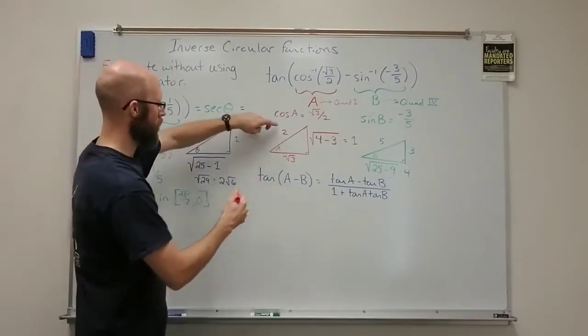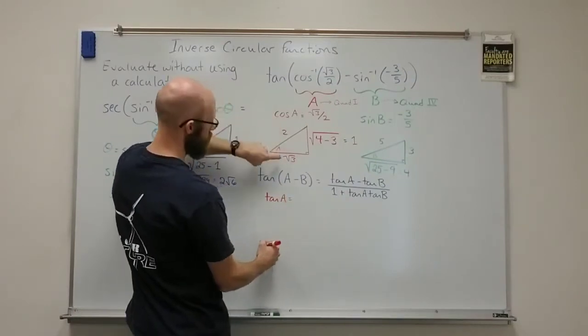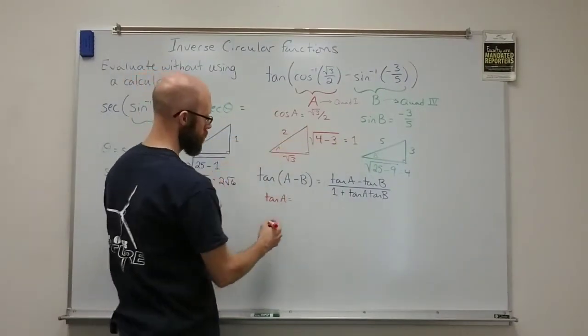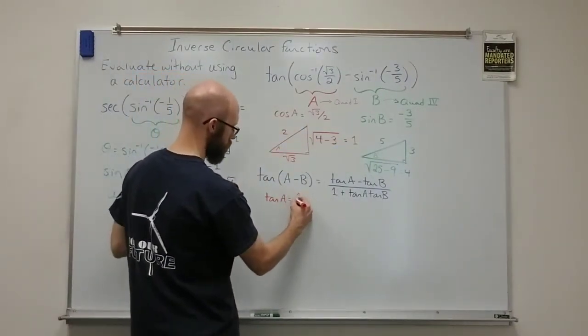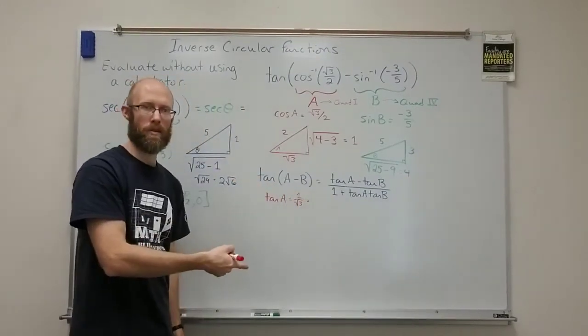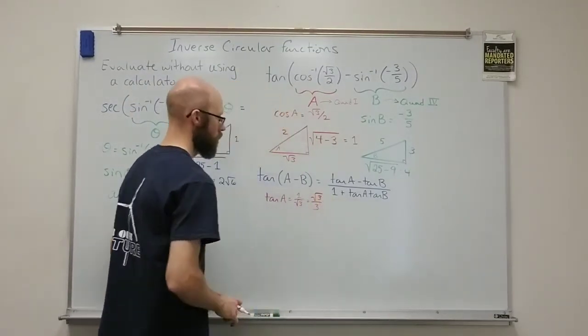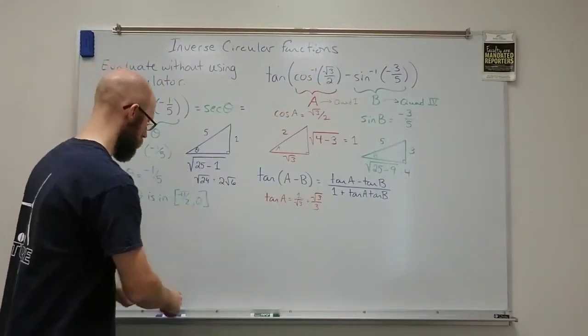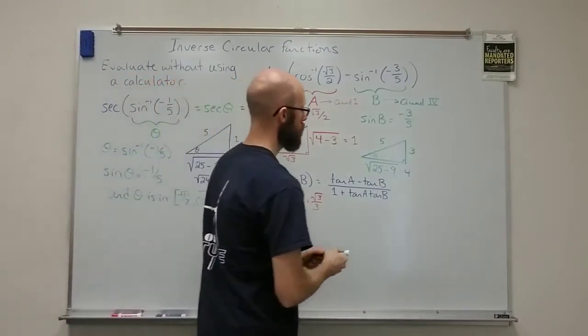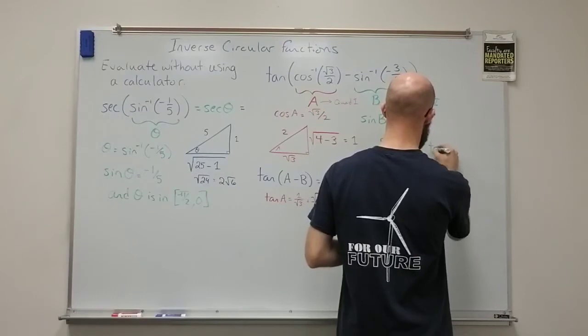So the tangent of A, let's go back to angle A. Tangent of A is opposite over adjacent, so it's 1 over root 3, or if I rationalize that denominator, it's root 3 over 3. Okay, going over to B, if I want the tangent, I'll put it over here on the side.